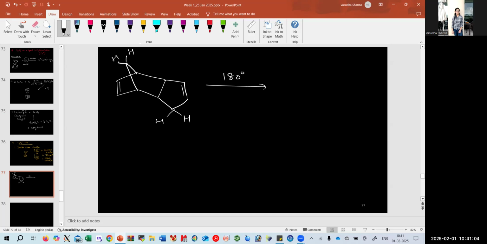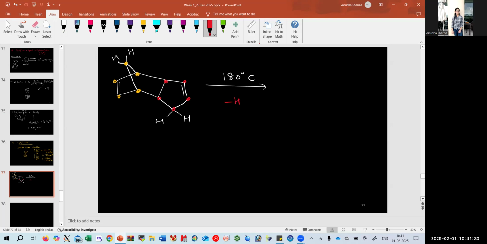At 100 degrees Celsius, if you carefully see, this is 1, 2, 3, 4, and 5. And these are also 1, 2, 3, 4, and 5. At this temperature, it can easily release a proton from here and a proton from here.